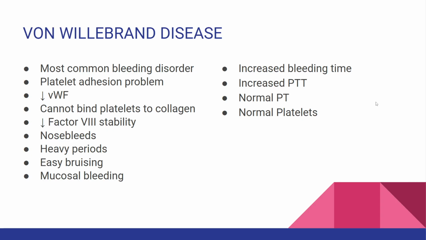You'll see that it is the most common inherited bleeding disorder, and the von Willebrand factor will be decreased, and therefore platelets cannot bind to collagen properly. So you usually get nosebleeds, heavy periods, easy bruising, and mucosal bleeding.